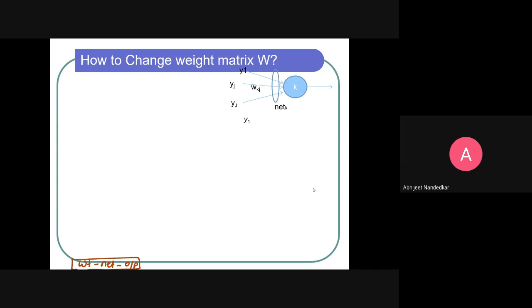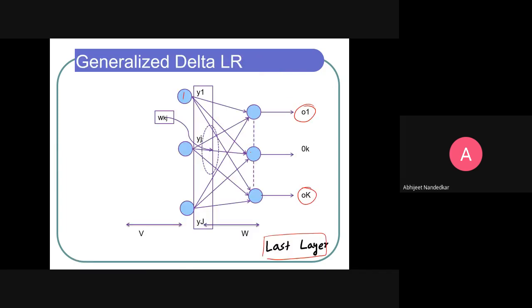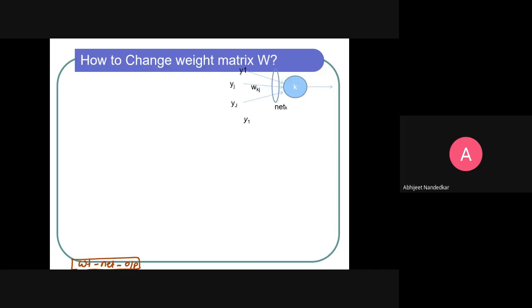Let us take some kth neuron, and if I zoom into this area, then it has its inputs y1, y2, y small j up to y capital J. And this is the net for this particular kth neuron.